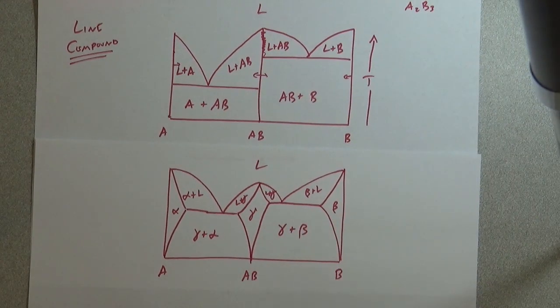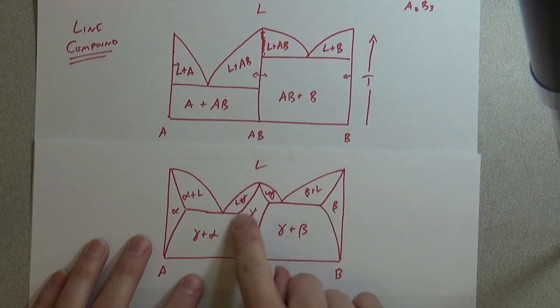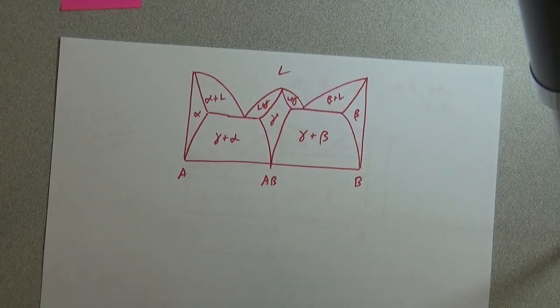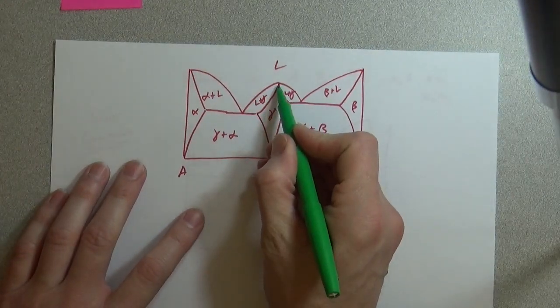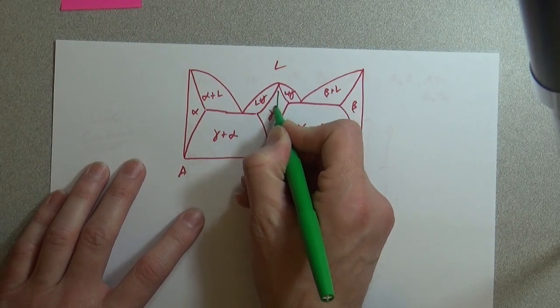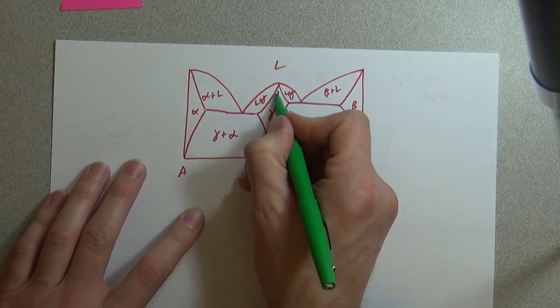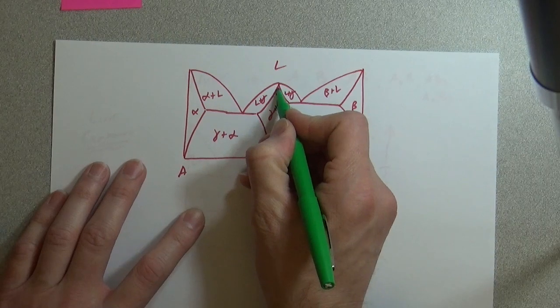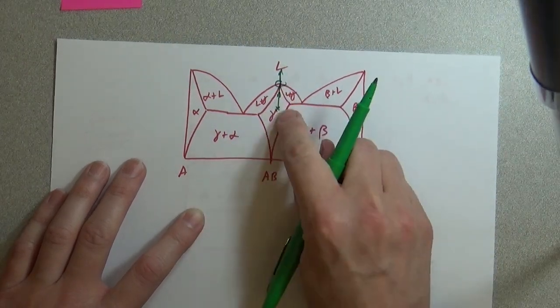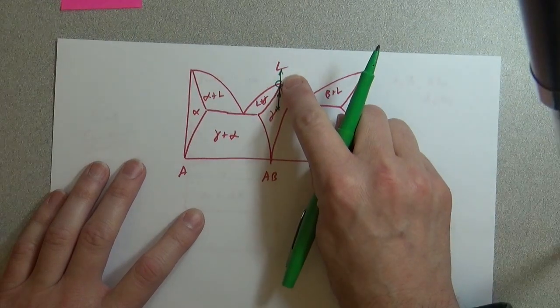An interesting point about this type of phase diagram is that this point is actually special, because if you're down in here and you go up into liquid, it goes straight from gamma into liquid.